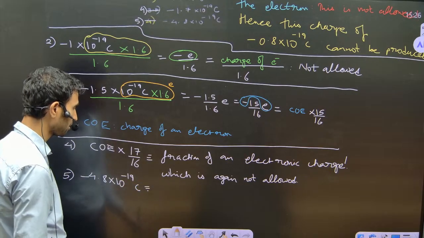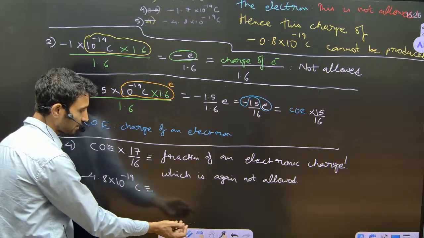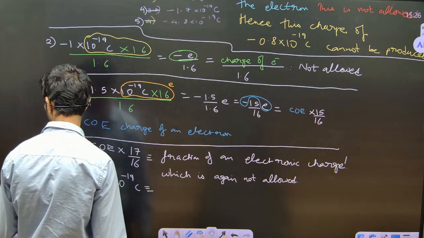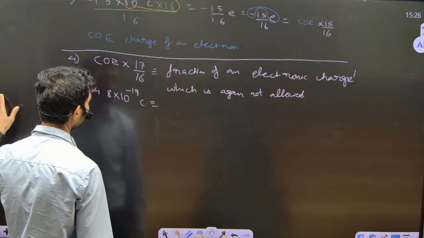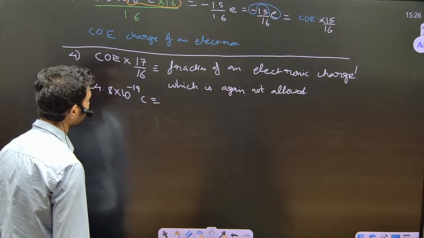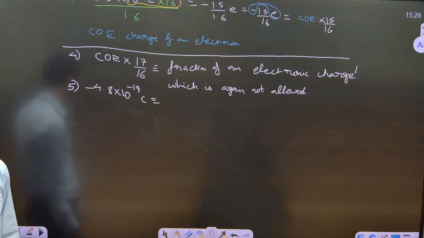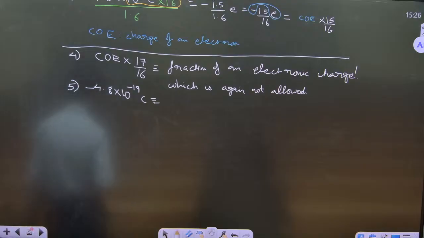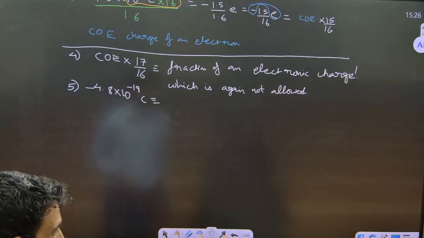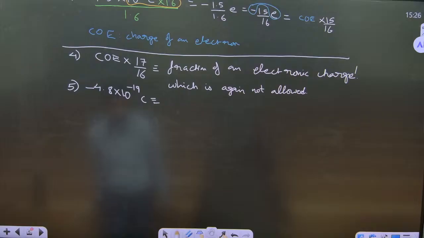Now this is possible or not? Let me see if you kids can figure this out. Take your time and tell me what this will be. Minus 4.8 into 10 raised to power minus 19 coulomb. Tell me. What will be this?